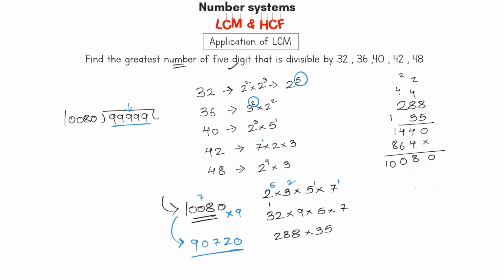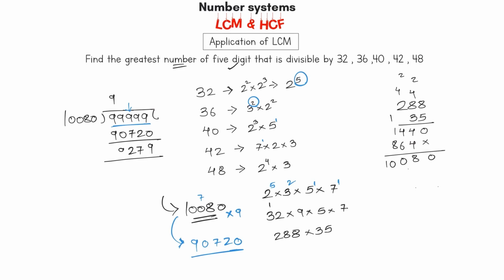Or else if you cannot get the trick, solve it by the normal method. This into 9. This into 9 is what? 90720. Now if you subtract this from this, what is the remainder that you get? 9 minus 0, 9. 9 minus 2 is 7. 9 minus 7 is 2.